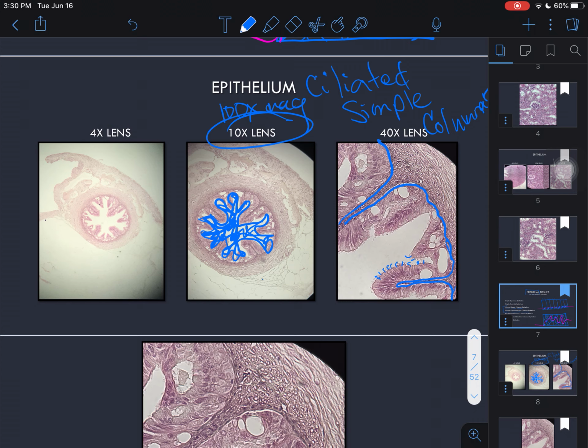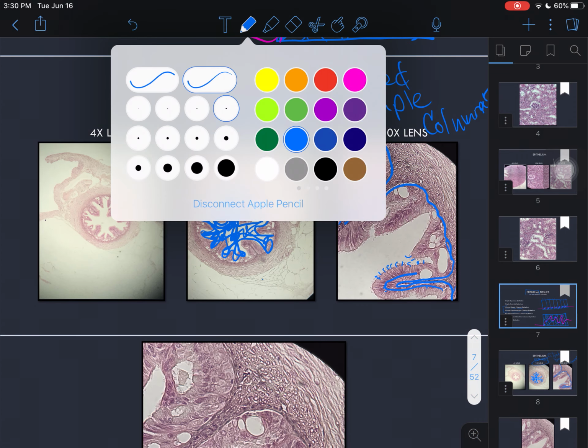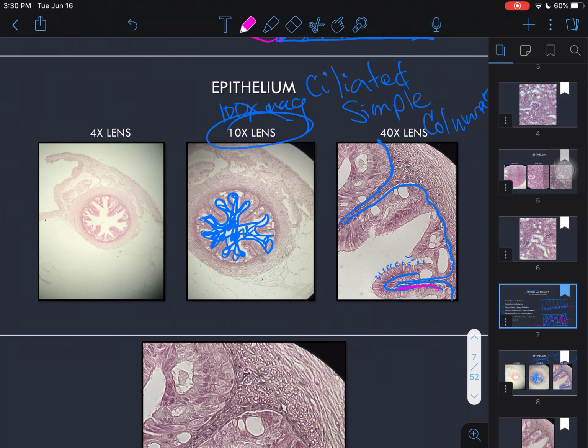Those are your cilia. And notice right here, right, all of these, you can draw a nice pretty line, should have done that in pink, a nice pretty line through our nuclei, which means it is, in fact, simple. So there's a couple of different ways to look at it, right? Those are your different features.